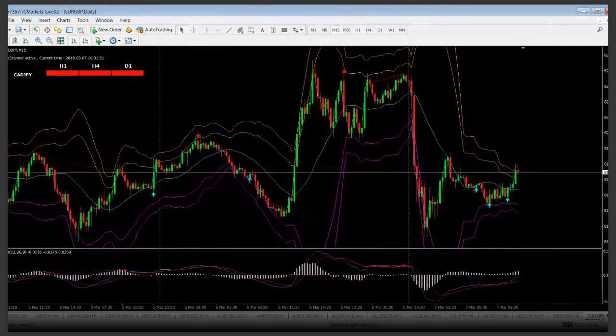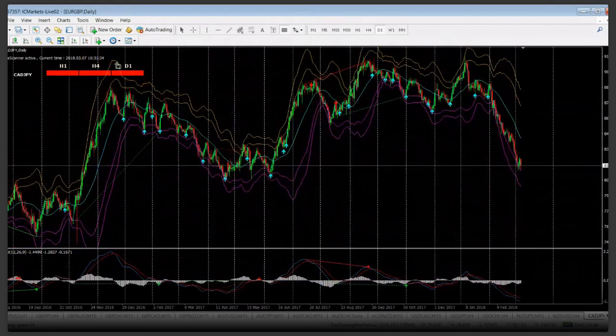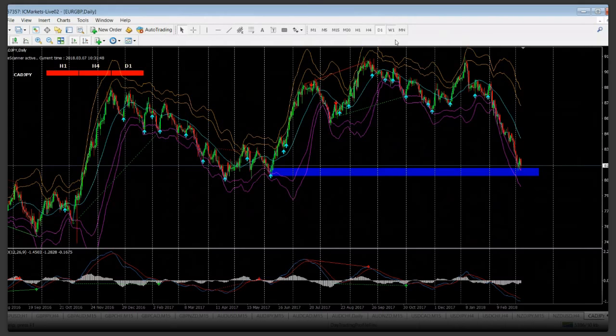The CAD JPY is another trade, a reversal trade that I want to look at for a higher time frame. Okay. Let's look at this weekly.